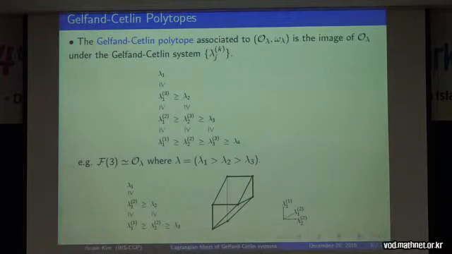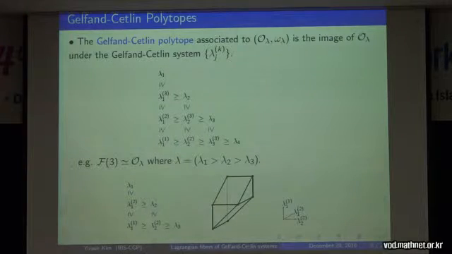Now, let me introduce one combinatorial object called the Gelfand-Cetlin polytope. The Gelfand-Cetlin polytope is, simply speaking, the image of the coadjoint orbit under the completely integrable system, the Gelfand-Cetlin system. And it is actually a polytope because of the following reason. By the min-max theorem, these eigenvalue functions have to satisfy these inequalities.